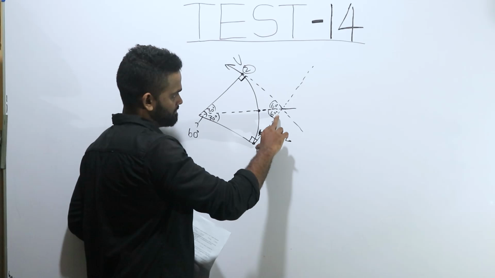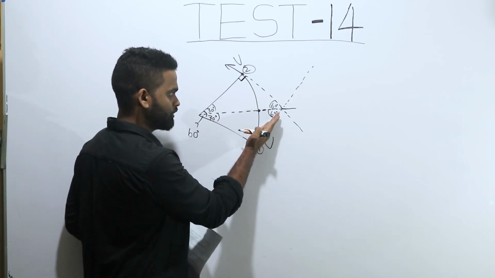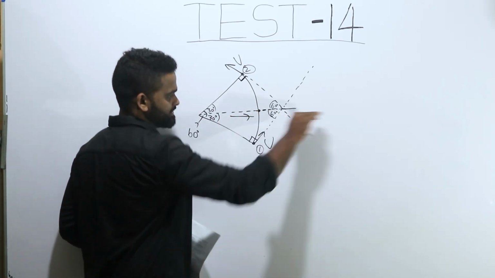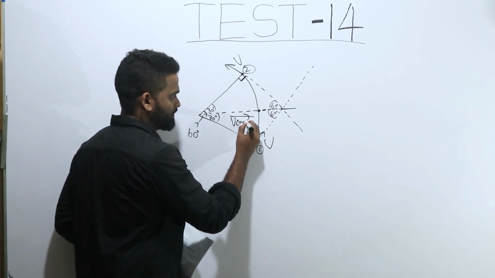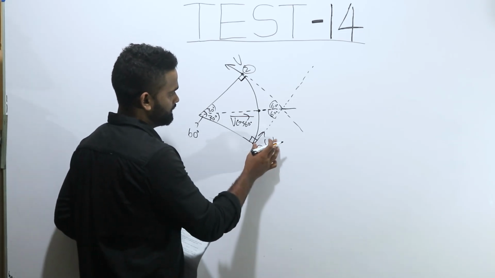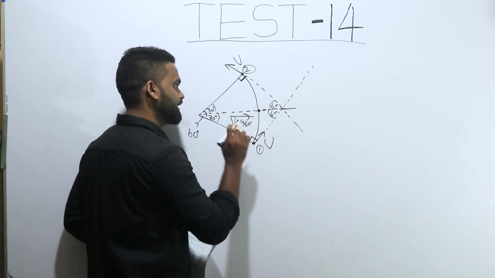So I'll resolve this velocity onto this line. V cos 60, and the component is to this side, right? V cos 60. That is the component of this along this line.